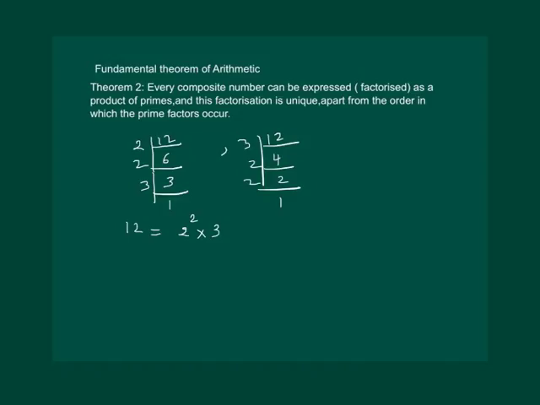So the order in which the prime factors occur can be different, but the factorization is unique. In other words, given a composite number, there is one and only one way to write it as a product of primes, as long as we are not particular about the order in which the primes occur.